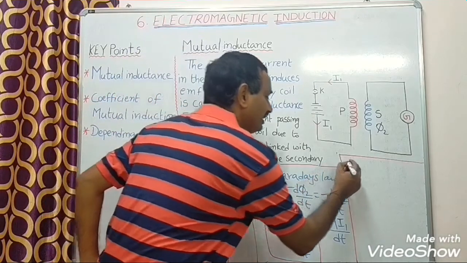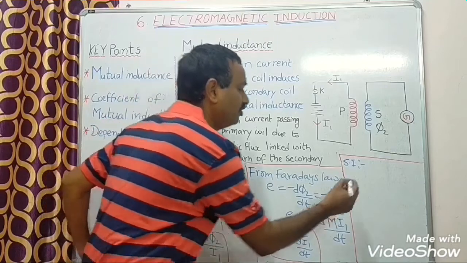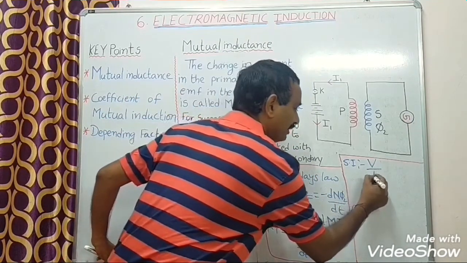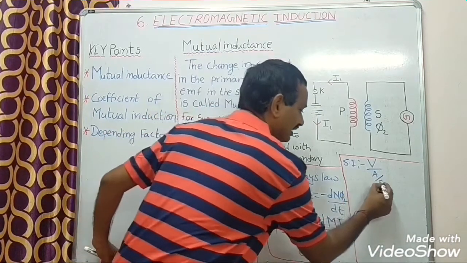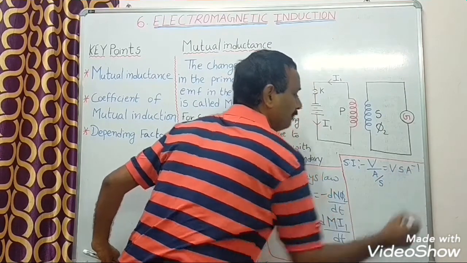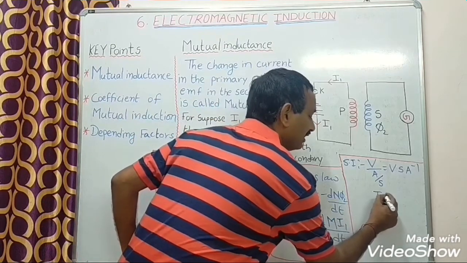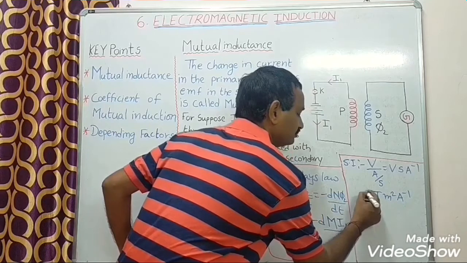What is the SI unit here? SI unit for EMF is volt, for current ampere, for time second. So I can write volt second ampere power minus 1. Also I can write Tesla meter square ampere power minus 1.